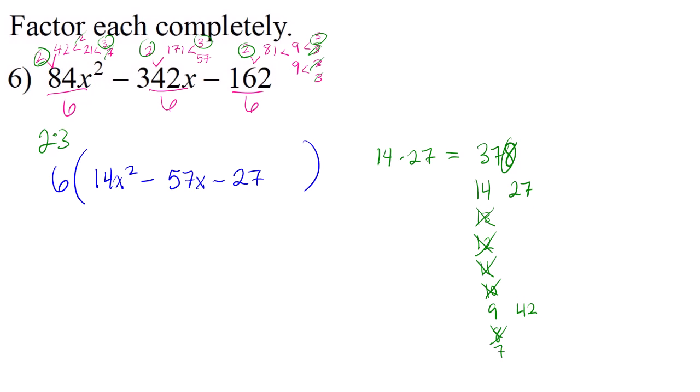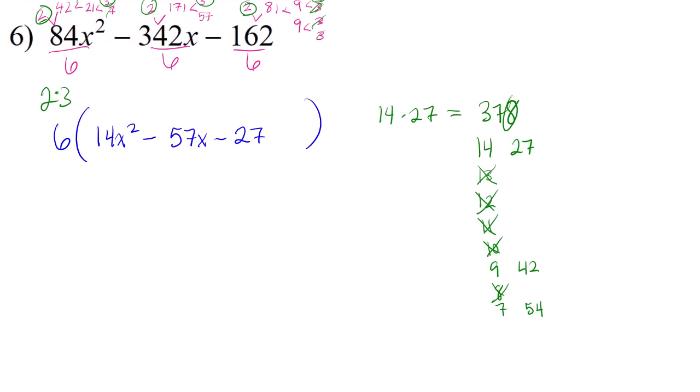That's 54. So we're getting closer. 54 minus 7 is 47, so we're getting really close. Check 6, 378 divided by 6 is 63. And 63 minus 6 is 57.